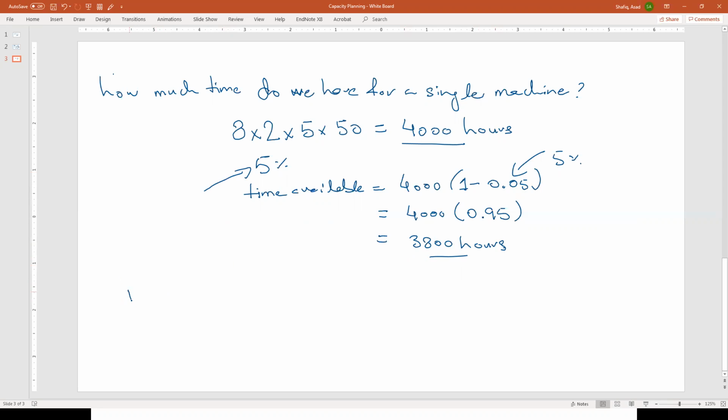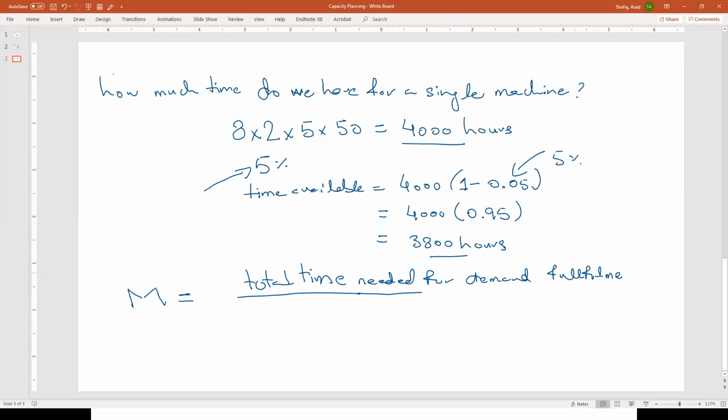So in order to find out how many machines are needed, which in this course we are calling M, we need to estimate the total time needed for demand fulfillment divided by the time available from a single resource, which in this case is our machine.